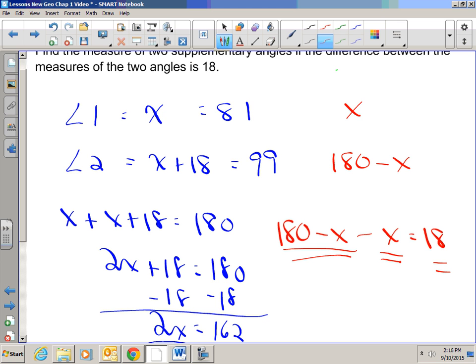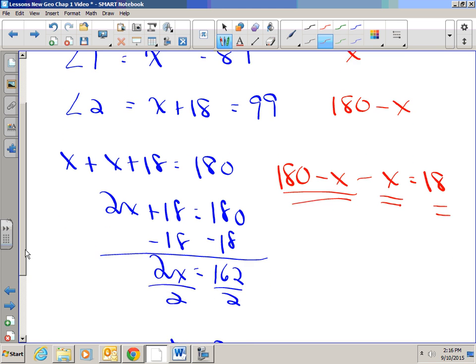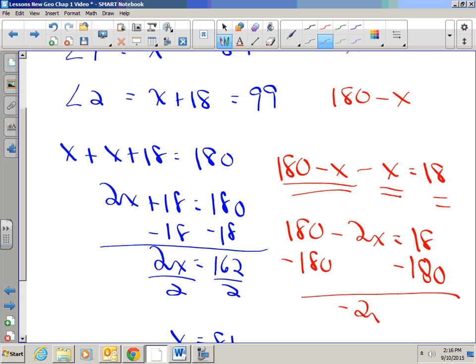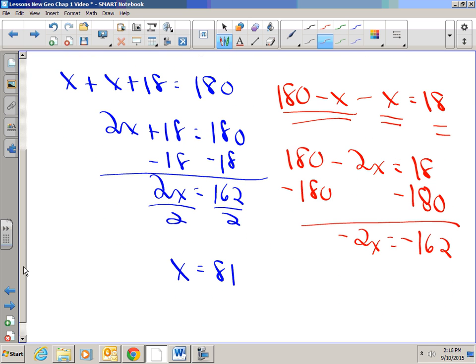I now have a different equation. So I get 180 minus 2x is equal to 18. I'm going to subtract the 180. So I get negative 2x is equal to negative 162. When I divide both of those by negative 2, sure enough, I once again get x is 81, and therefore my other answer is 99.